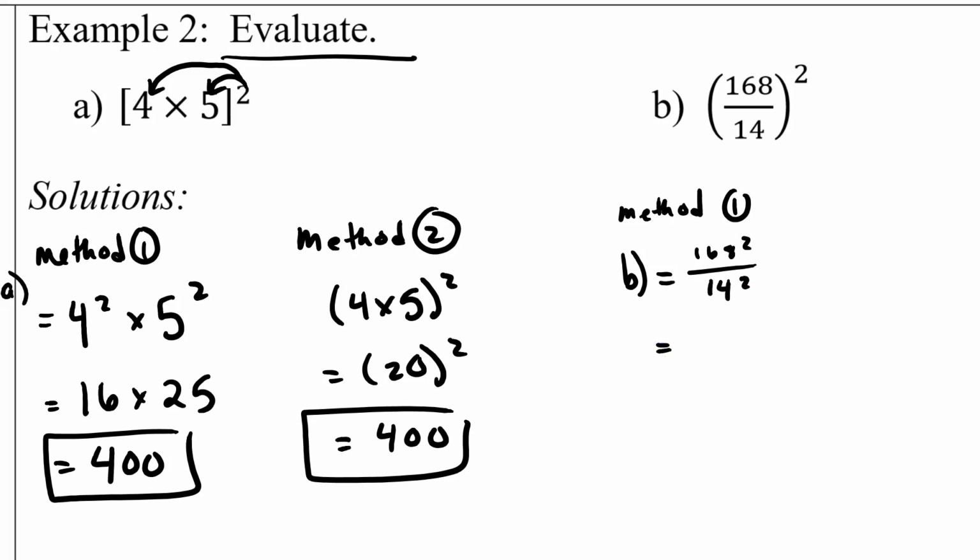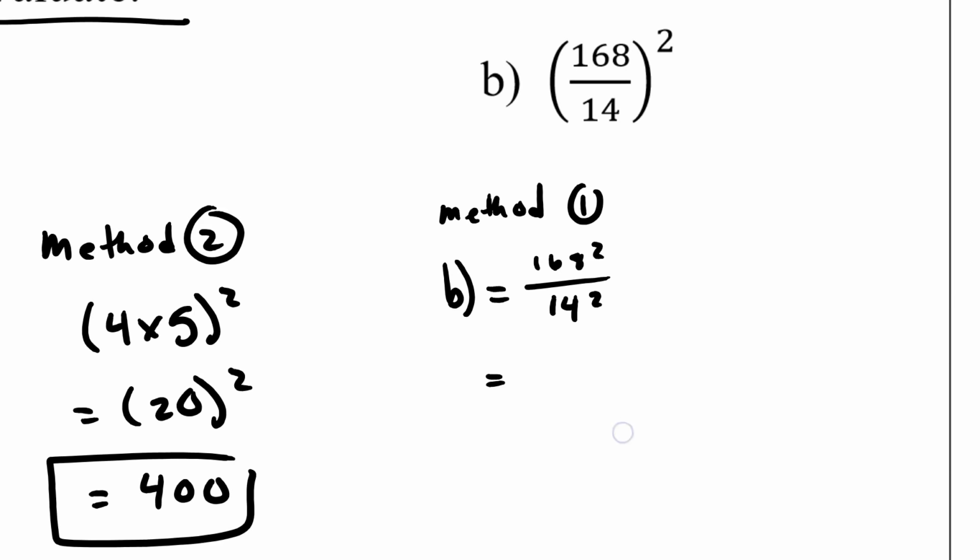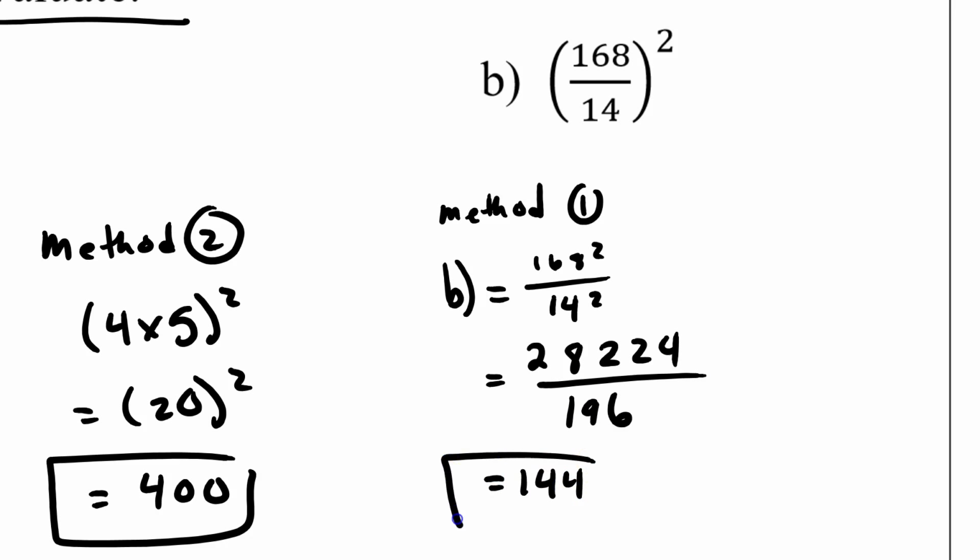That gets you a super huge number, 28,224, all over 14 squared, which is 196. Lo and behold, it's going to be 144.